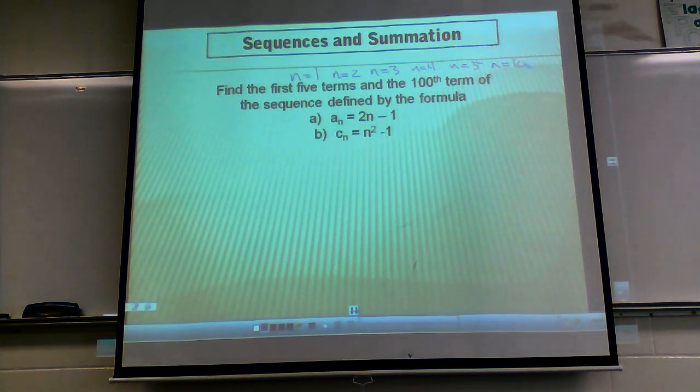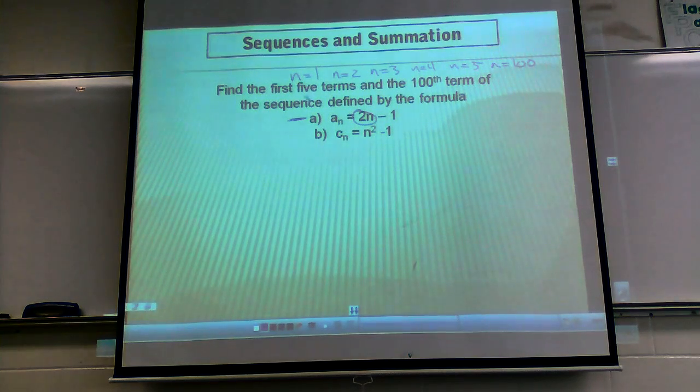With both of these, on the first one, I know the difference between the numbers is always going to be 2, because everything has to increase by 2 to be 2 times n. So I don't technically have to plug in the numbers each time. I could do 1 and 2 and 100 and probably get all the rest of my answers.